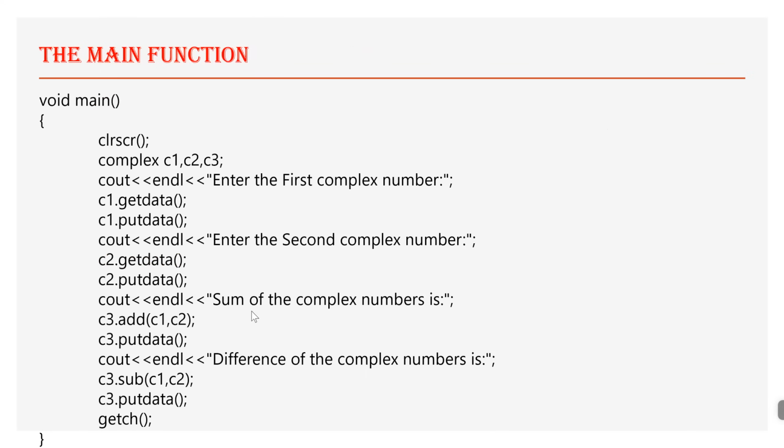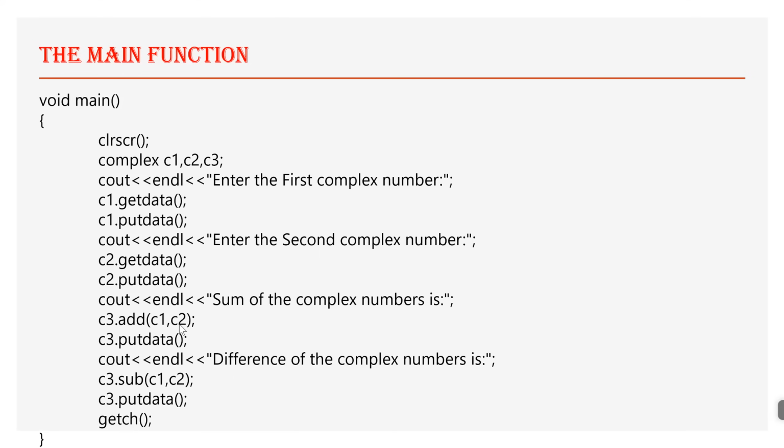Now my job is to add the two complex numbers. So see, sum of the complex numbers: C3 dot add C1 comma C2, meaning C3 is a complex number which is the resultant after adding C1 and C2. C1 has 6 plus 4i as its value.